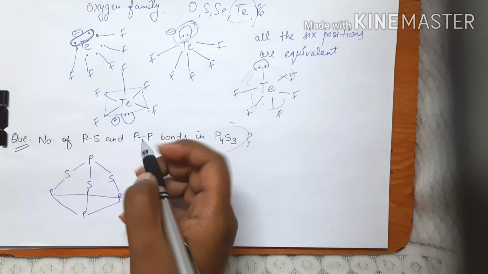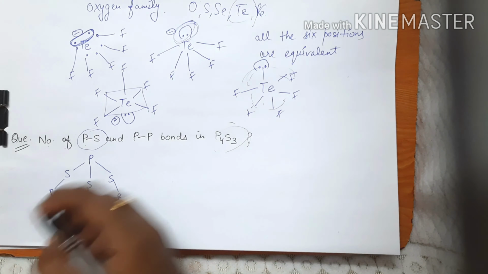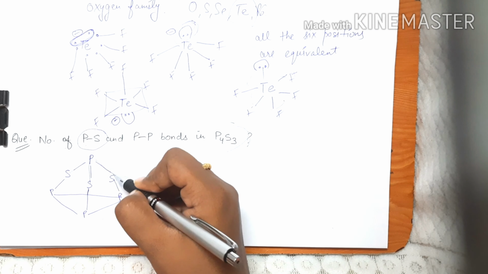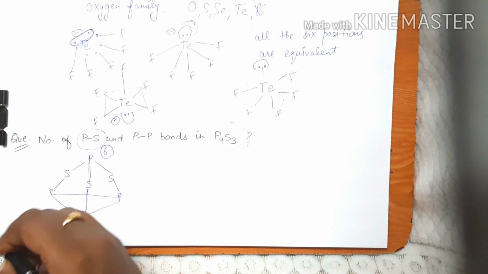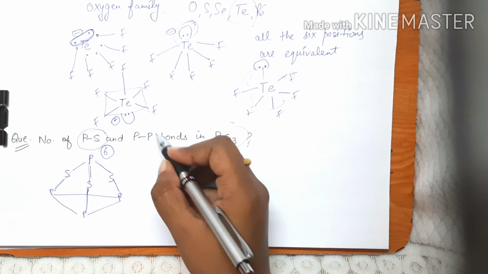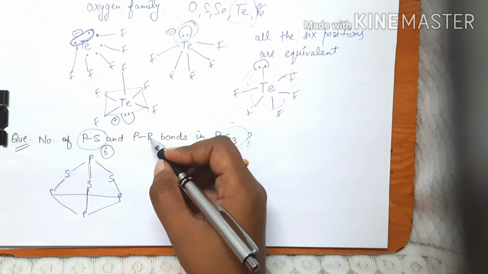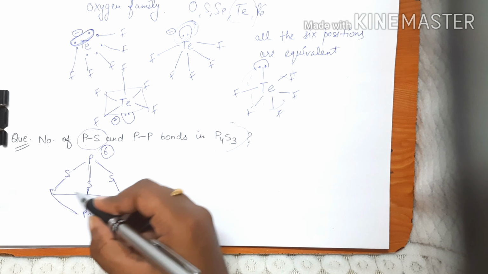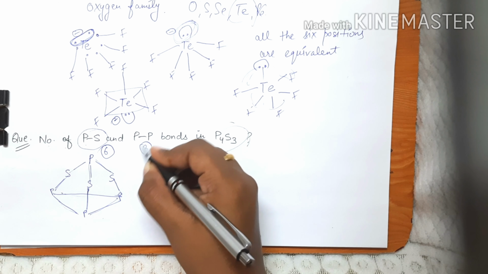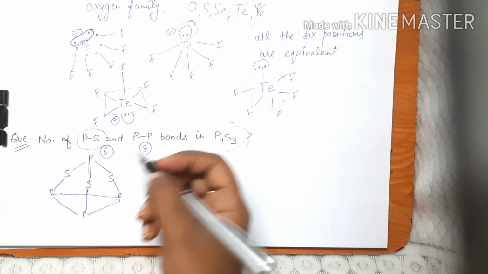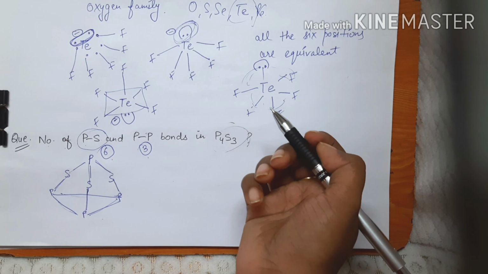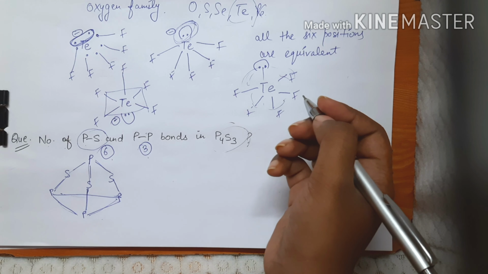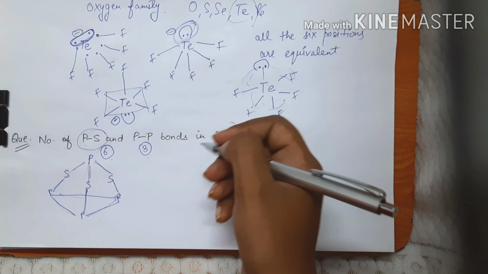Now you can count the number of PS bonds: 1, 2, 3, 4, 5 and 6. There are 6 PS bonds. If we count the PP bonds, these are 1, 2 and 3. There are 3 PP bonds. So the option having 6 PS bonds and 3 PP bonds was the correct option. Now we'll discuss some of the related molecules.